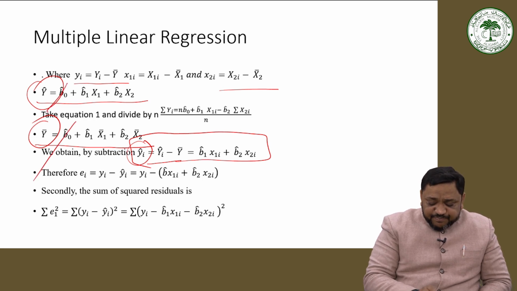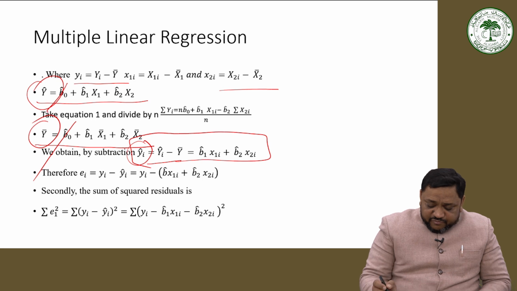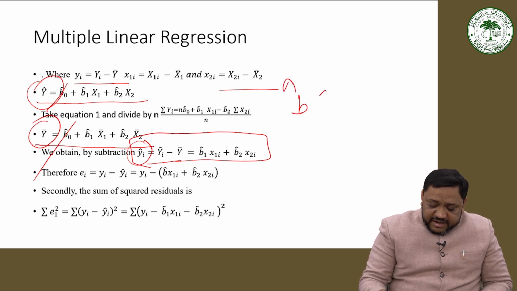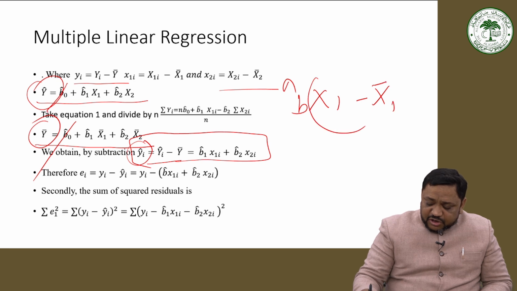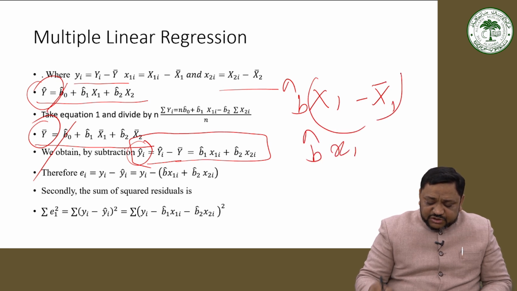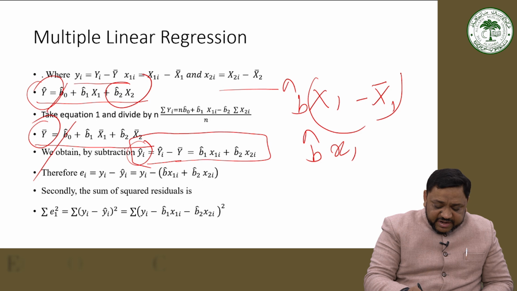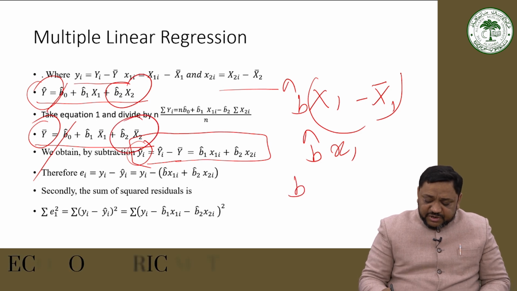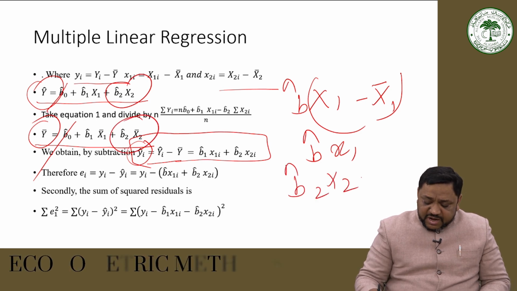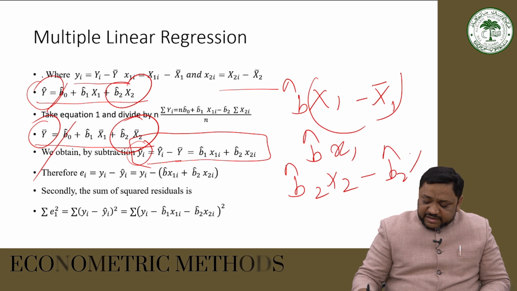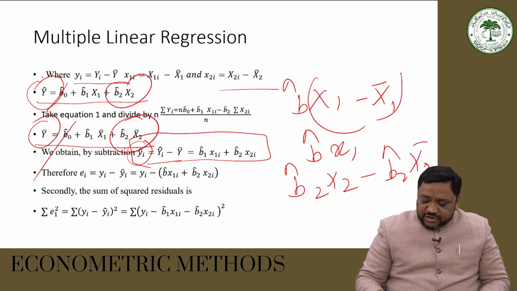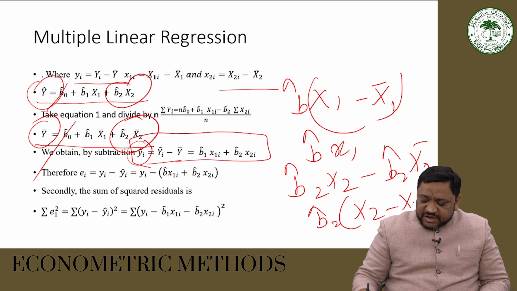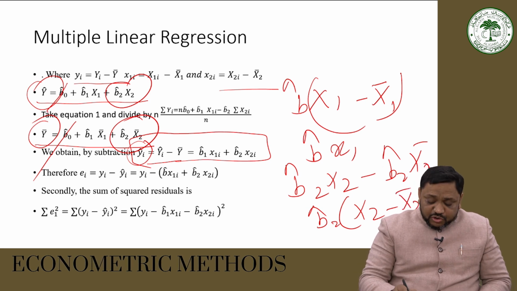What is left is beta 1 hat times x1 minus x1 bar, so this is nothing but beta 1 hat small x1. Next we take these two terms, beta 2 hat x2 minus beta 2 hat x2 bar. We take beta 2 hat common, so what is left is x2 minus x2 bar. So we can write it in this format.